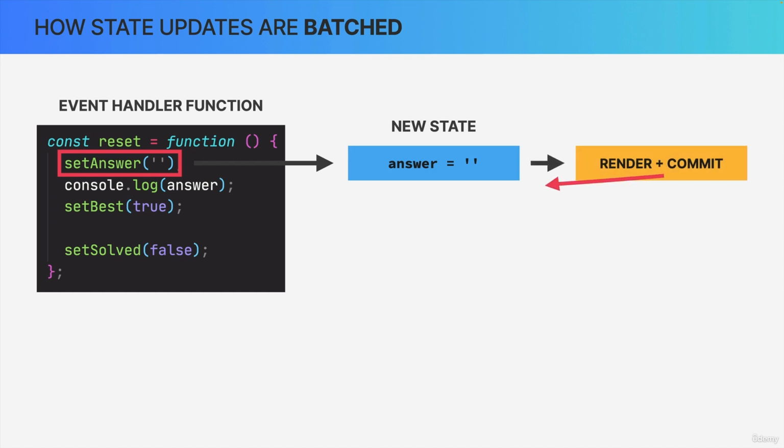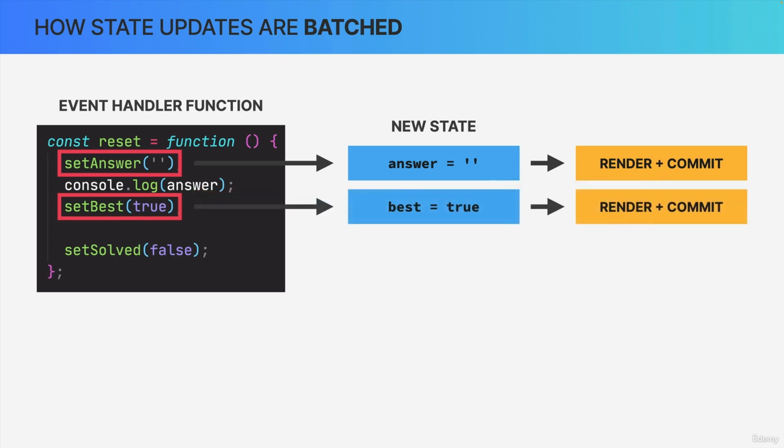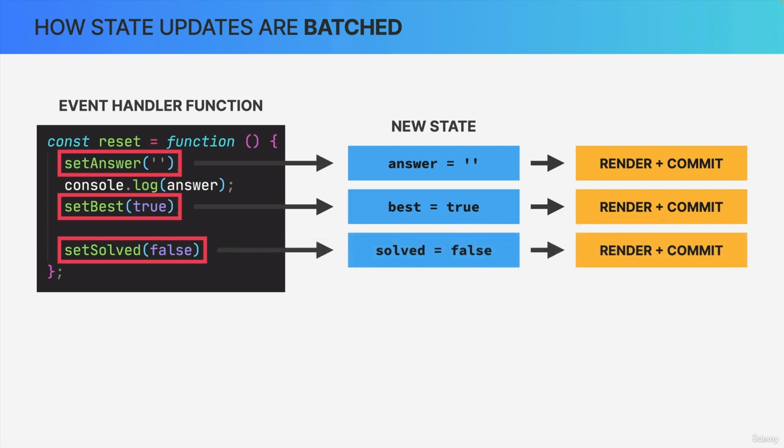Then it would move on to the next line and do the same thing again. And finally, do the entire thing one more time for the third state update. So intuitively, we would think that if there are 3 state variables being updated in this event handler, then React would re-render 3 times, right? However, this is actually not how it works.